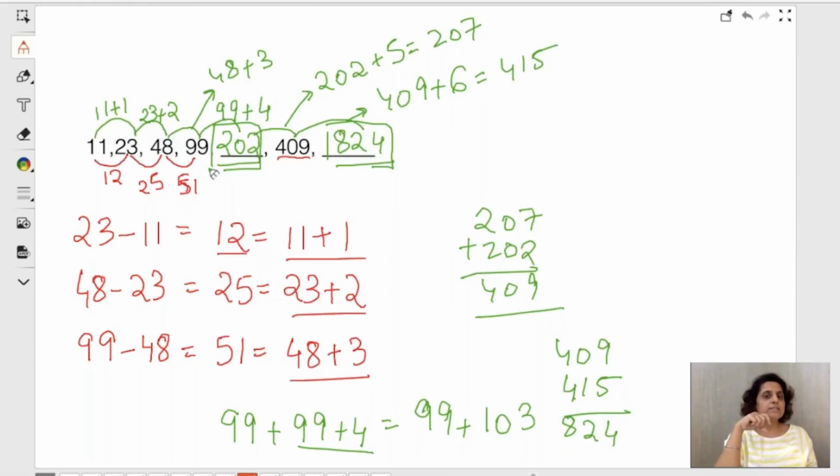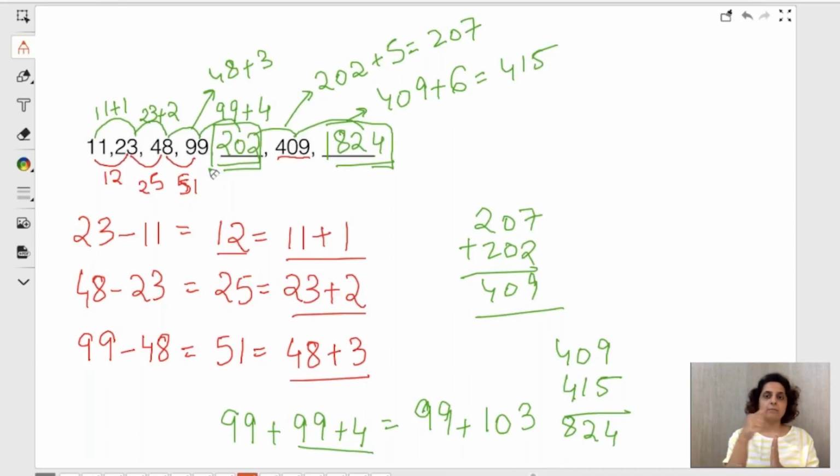If we look at these differences, 12 can be written as 11 plus 1, 25 can be written as 23 plus 2, and in the same way 51 can be written as 48 plus 3.